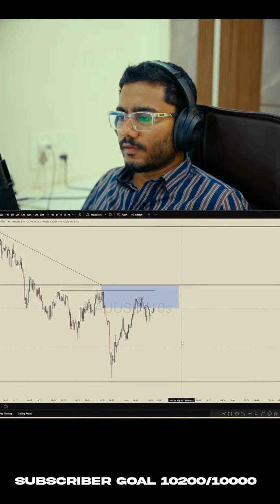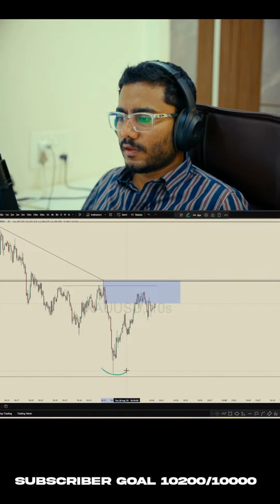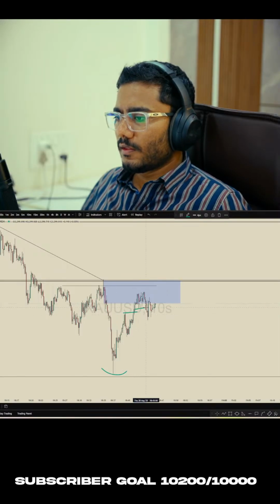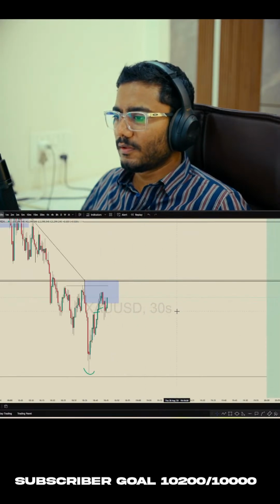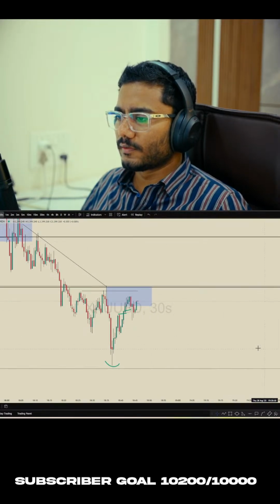So right now, if price reacts from this area, then probably we can see it's creating these equals, and this will be a retest, and it should continue breaking this order block. It will create a breaker block from this area.